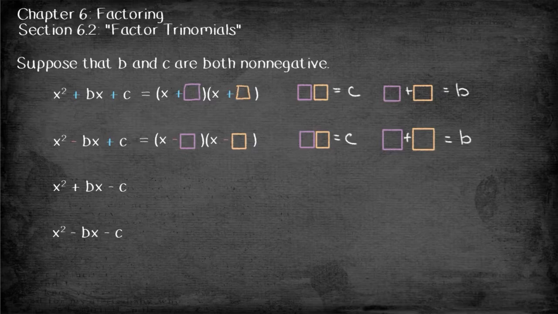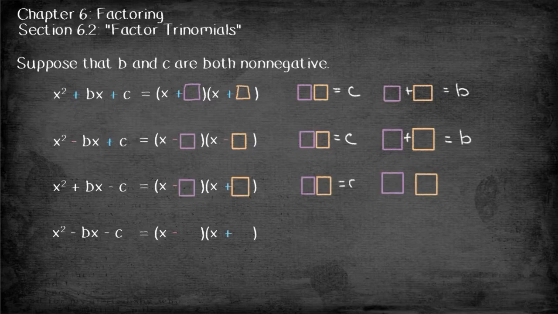And there's two other situations. In the case that c is negative, since you're having factors multiply to give you a negative number, you can conclude that one is positive and one is negative. The number that is greater in absolute value is going to influence what the sign in the middle here is. So again, I have to have the two numbers multiply to give me c, but the signs are mixed.